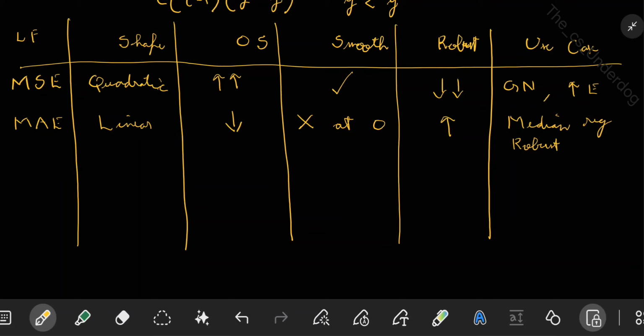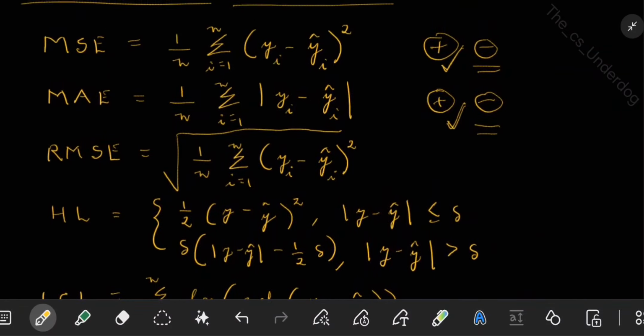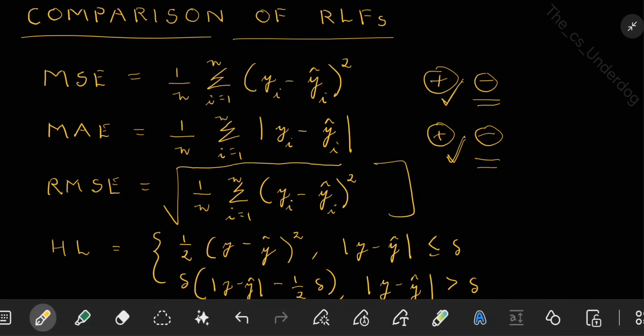Then what is the next thing? Next thing that we learned was root mean squared error. Coming to the formula, it is simple. You simply put a square root on the mean squared error formula. But what difference did it bring in? This time the error is already magnified because it has a quadratic term.